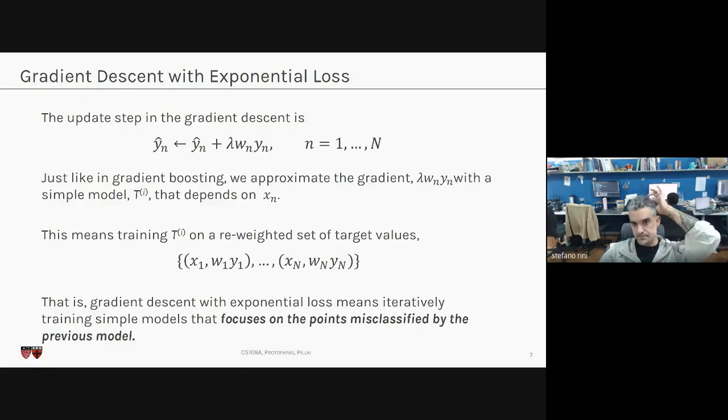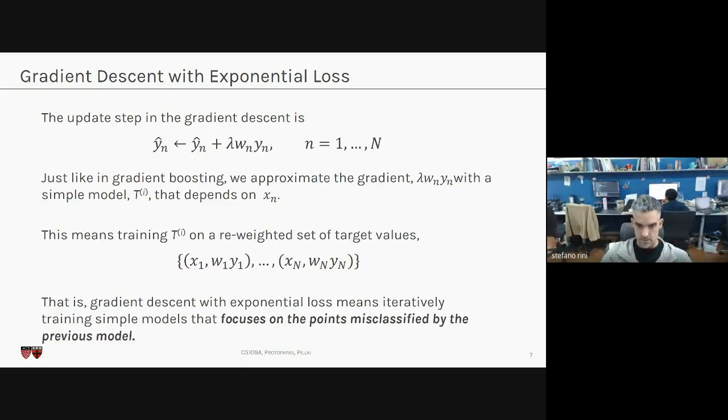Now we apply the update step, with lambda_n and w_n. Just like in gradient boosting, we approximate the gradient with a simple model T that depends on x_n. So now we train a model that takes x, because x is your input, and you're trying to predict the residuals, which are w_1 times y_1.